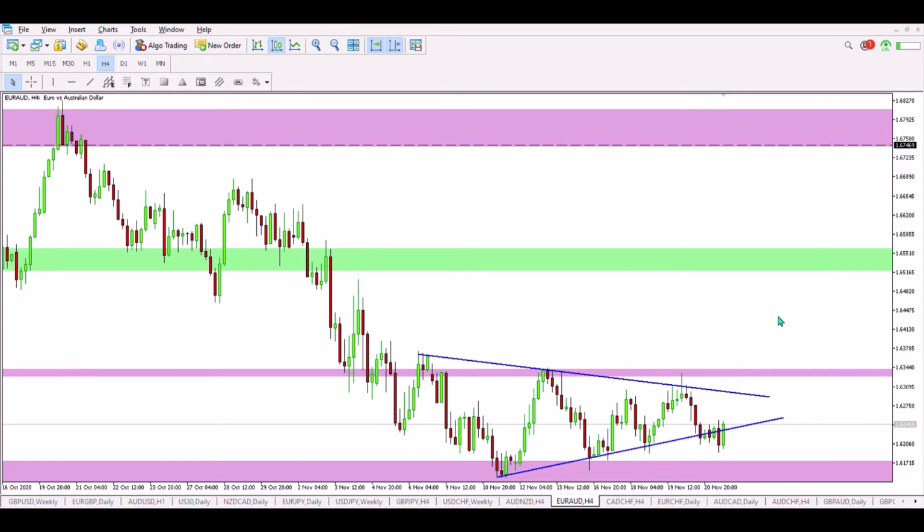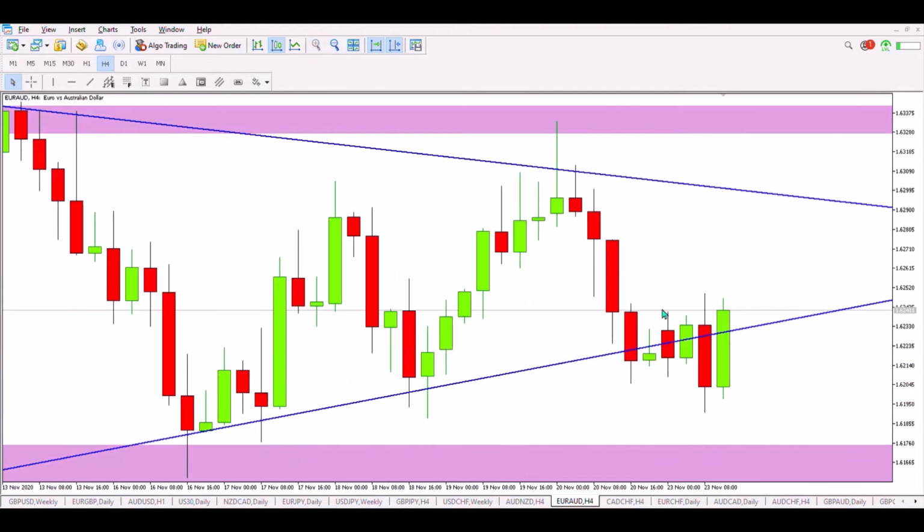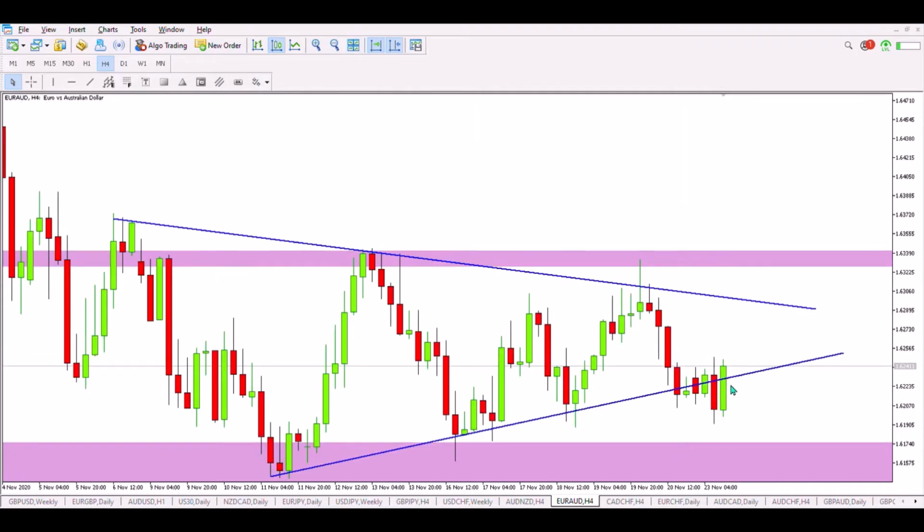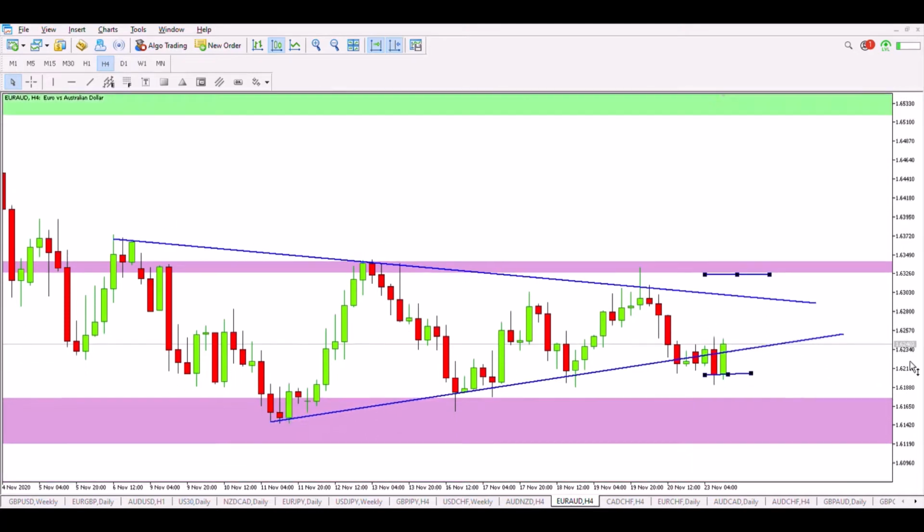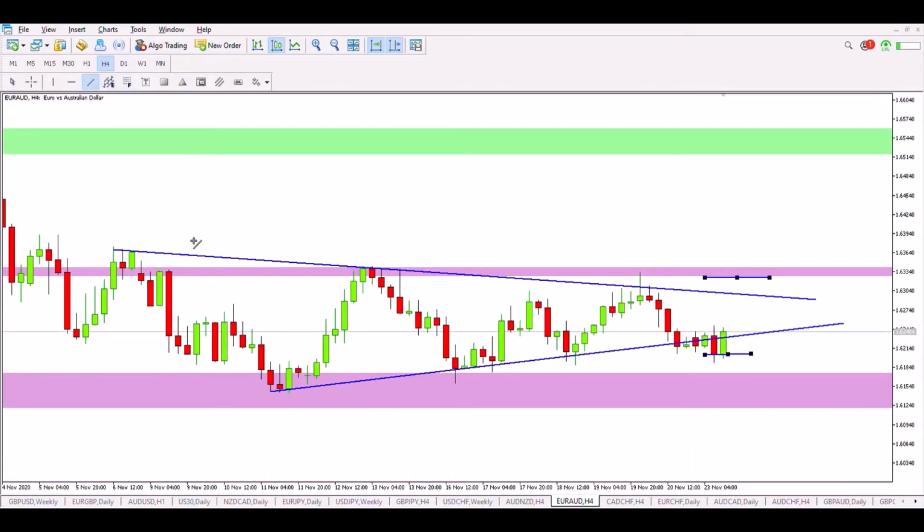Now usually how we trade this triangle, when we see a breakout below or above the trend lines, we take a trade. So here we closed below the trend line, so usually we take a sell with a stop loss somewhere here, or if you're more conservative you can set it above the upper trend line, and you take profit nearly as much as the size of the triangle pattern.